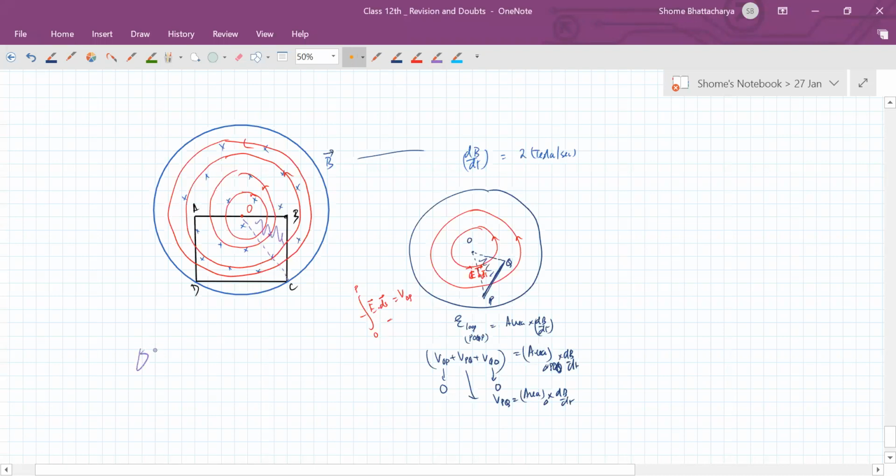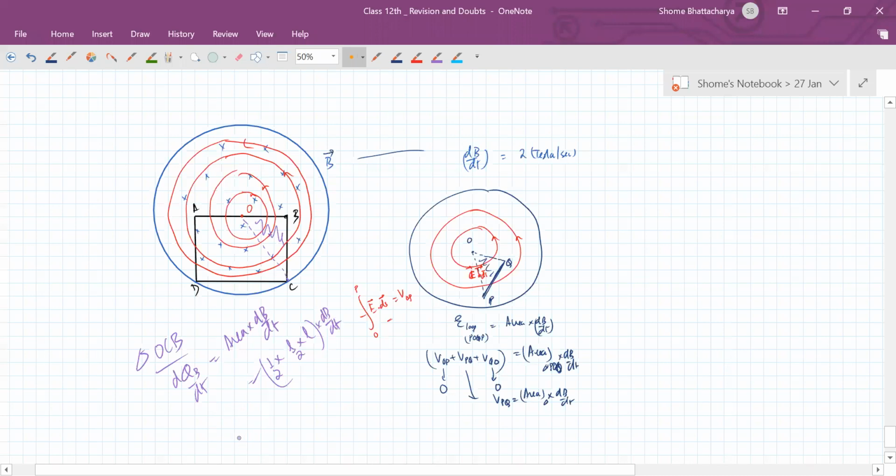So for the triangle OCB, the rate of change of flux is area into dB by dt. The area of that triangle, if the side of the square is L, will be half into height, that is L by 2, into base, which is L. So L square by 4 into dB by dt.